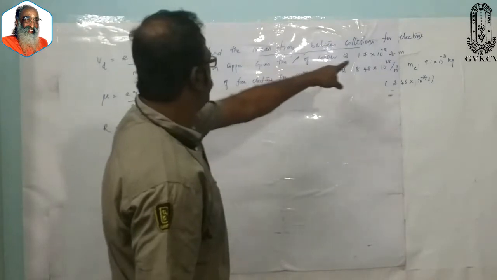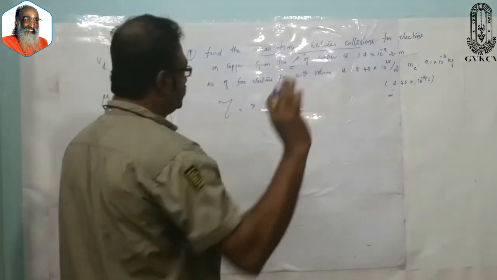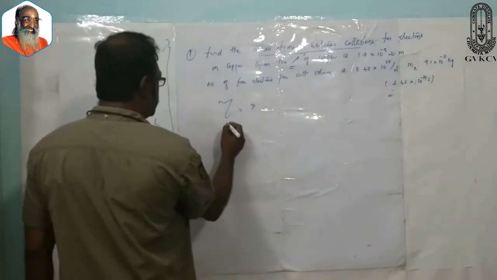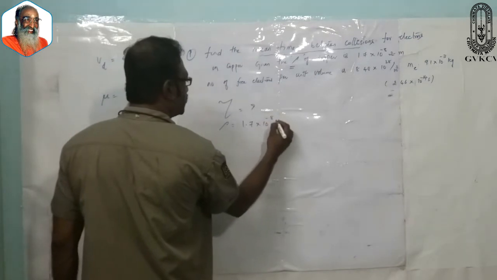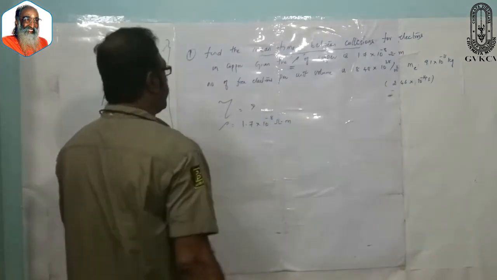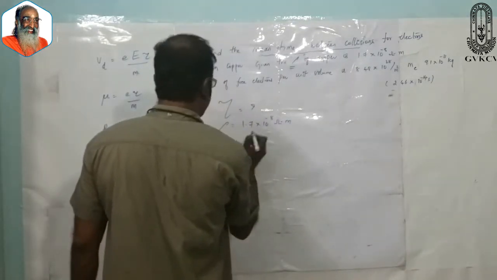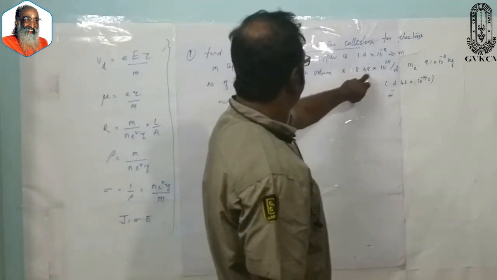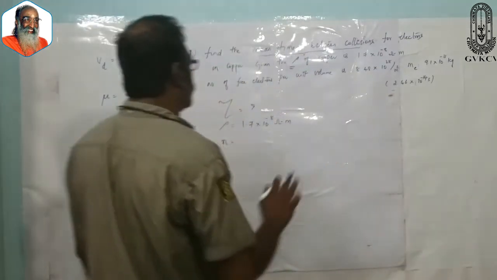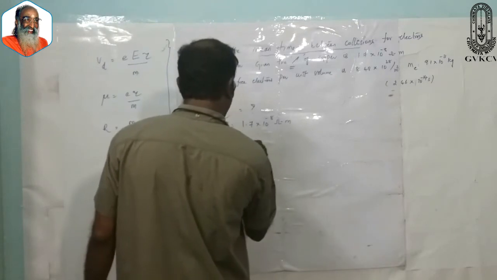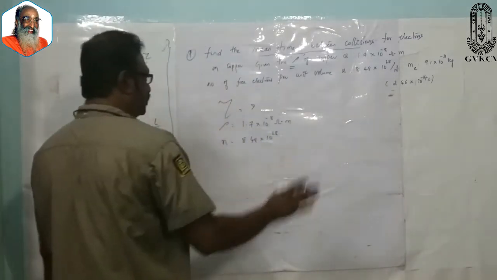Given rho of copper, that means here actually resistivity should be there. I can't write it as a word, so I just give it a symbol. The resistivity is 1.7 into 10 to the power of minus 8 ohm meter, and the number of free electrons per unit volume n is 8.48 into 10 power 28 per meter cube. No need to worry about the units.